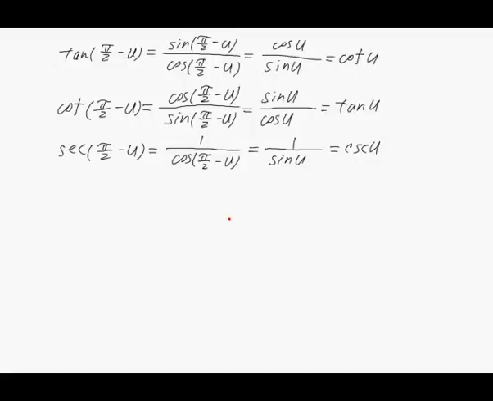Okay, and the last one, cosecant of the half pi minus u is equal to 1 over sine of half pi minus u, and this is equal to 1 over the cosine u, and this is equal to secant u. So they are quite similar, right?